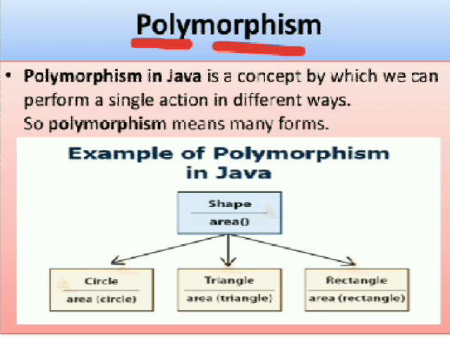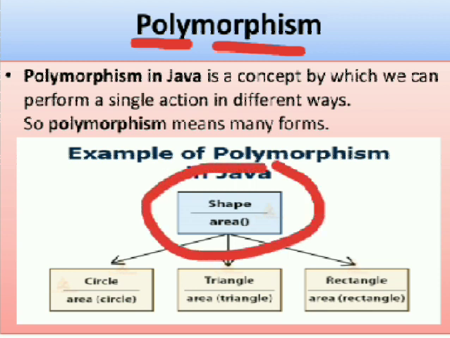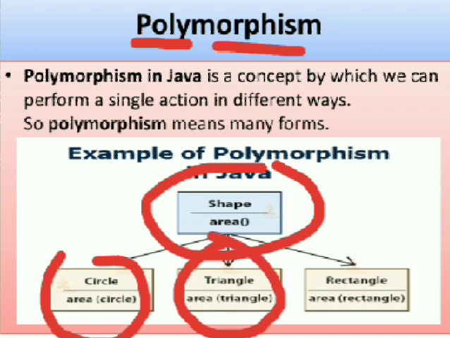Example, see this. You are seeing the shape and there is an area. Area of what? Area can be of the circle, of the triangle, and of the rectangle.